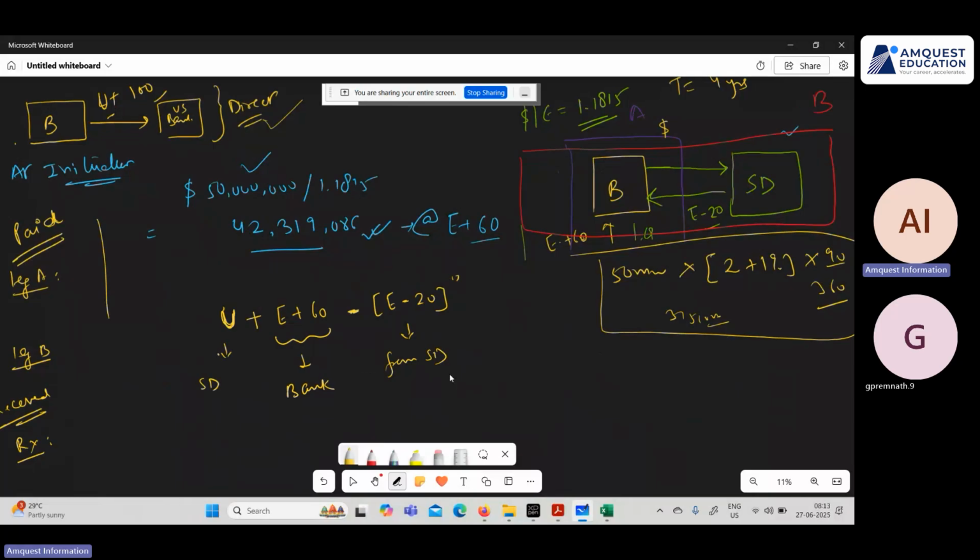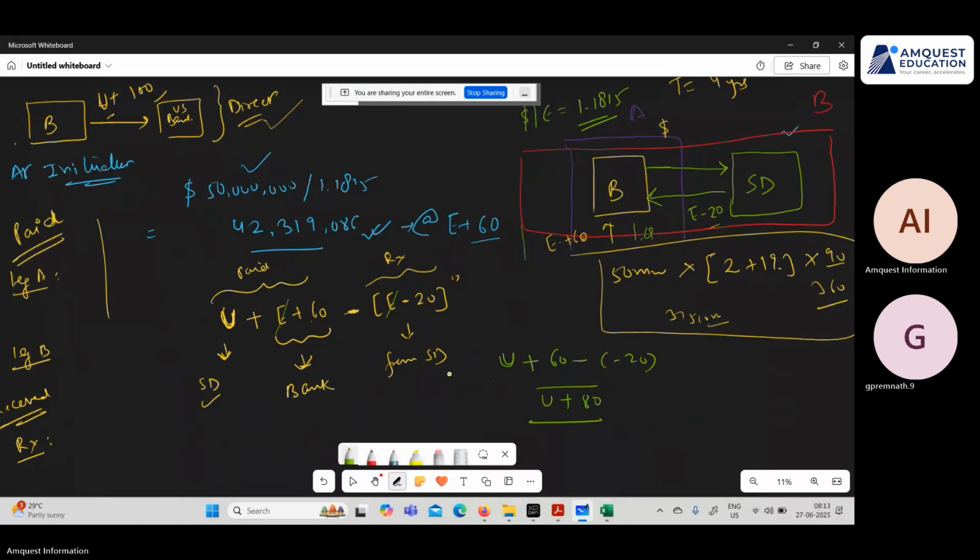So basically, he paid the US rate to the swap dealer. He paid Euribor plus 60 to the bank. This is payment. And this is something that he received, so I'm doing a minus over here. Effectively, these Euribors will go away. So effectively, his cost will be the US dollar reference rate plus 60 minus 20, so U plus 80.